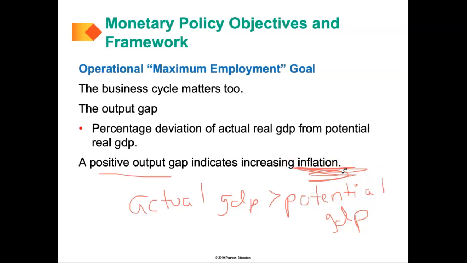Everything is expanding, people are demanding a lot of goods and services, and if goods and services are being highly demanded, that leads to an increase in the price level. So a positive output gap means actual GDP is higher than potential GDP, which also means an economic expansion or overproduction.